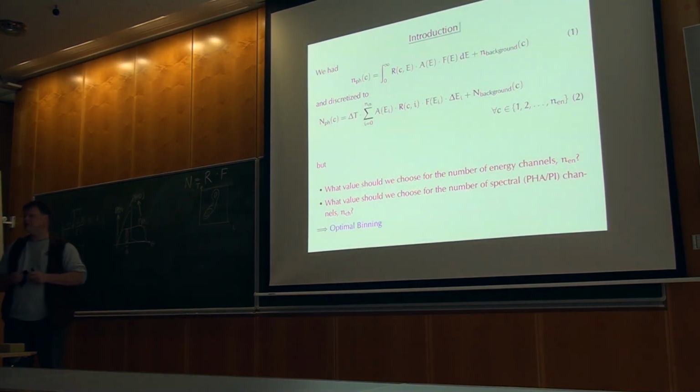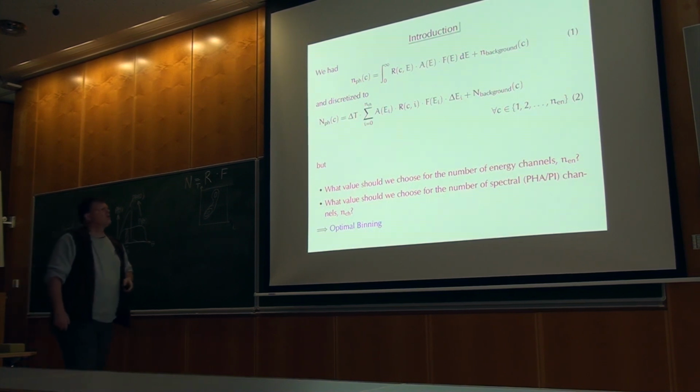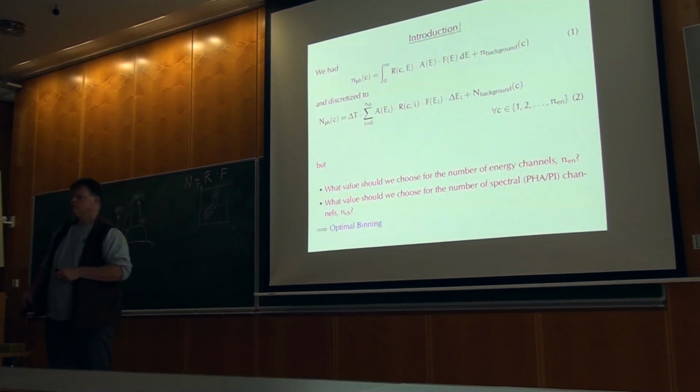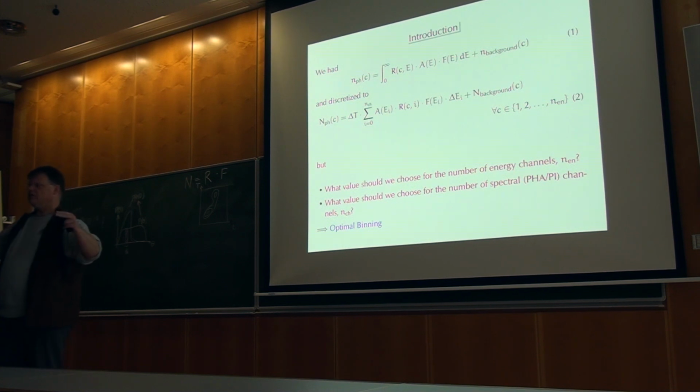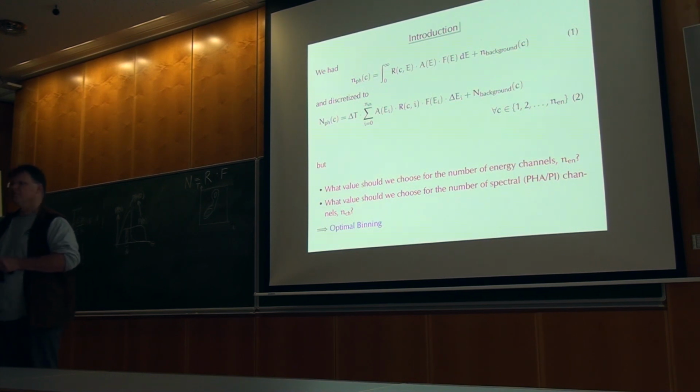People had thought about it, and the answer was more or less, oh, you should probably take enough electronic channels that you oversample the detector resolution. And the rule of thumb there was, you probably should have 3 or 4 or 5 channels per resolution element. In other words, if you have a resolution of 50 electron volts, say, then you should probably have an underlying grid of channels which correspond to about 5 eV in width.